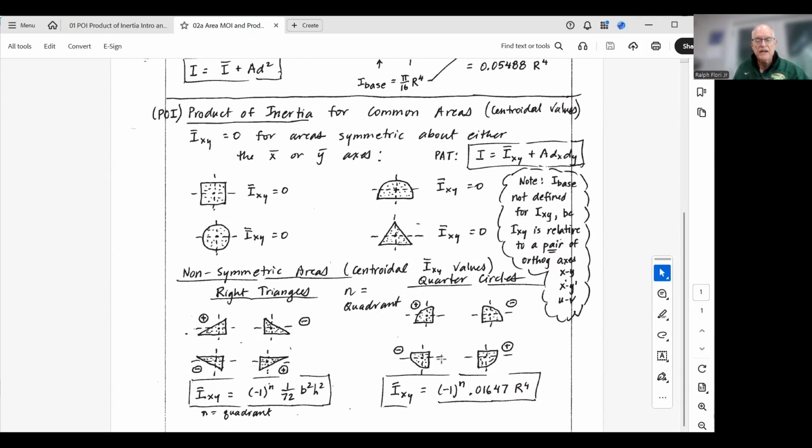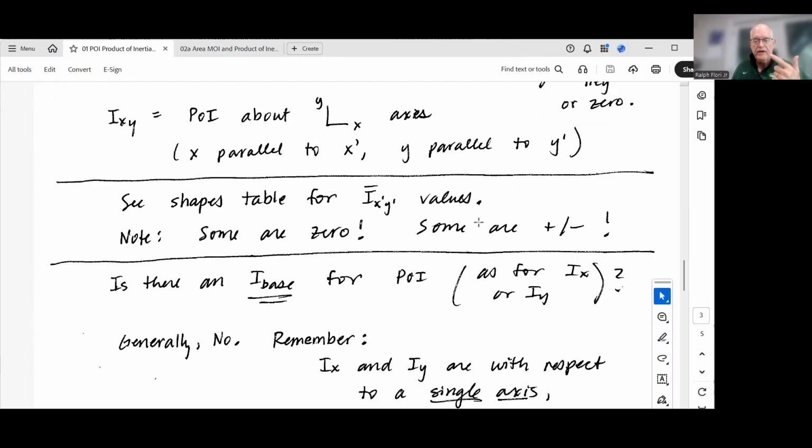Negative, positive, at those different orientations, and it's 0.01647 r to the fourth. So when you're applying the parallel axis theorem, if all of your areas are symmetric, like the squares and circles, then the I bar terms drop out. They're just zero. But if you have a right triangle or a quarter circle, you have to figure out what its value is and what its orientation is. So again, some are zero, some are positive, some are negative.